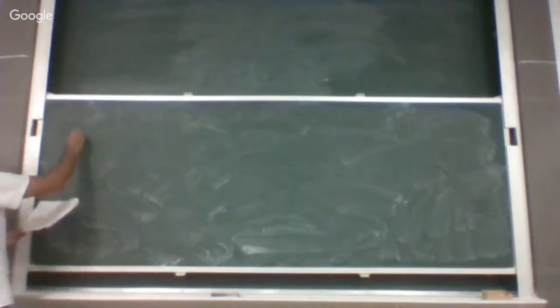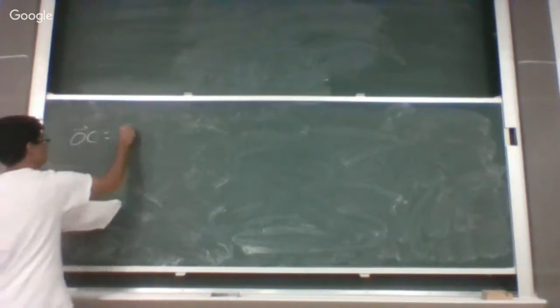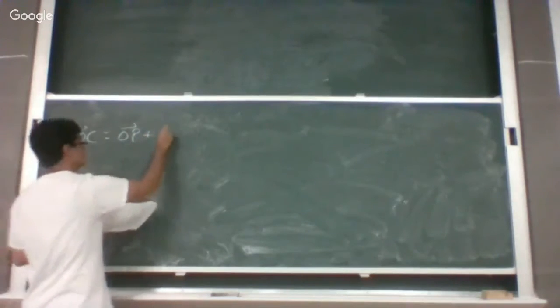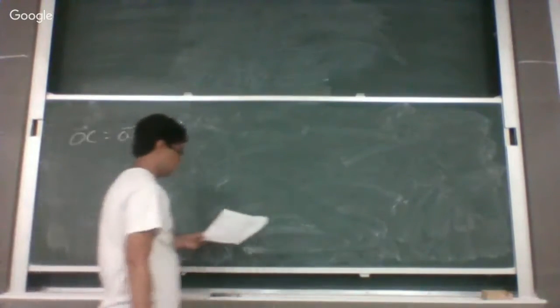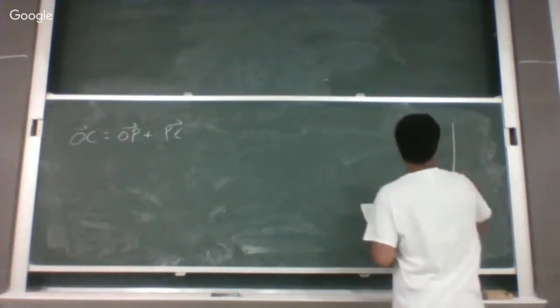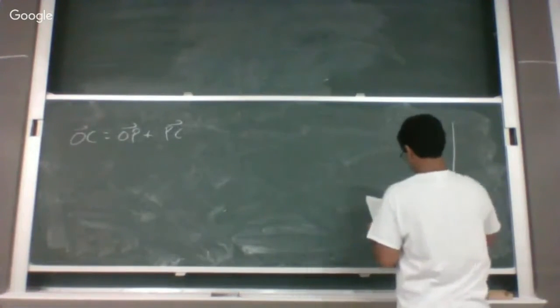What is the equation that we use? Plus b sub t. And if you don't understand that, I will explain that.